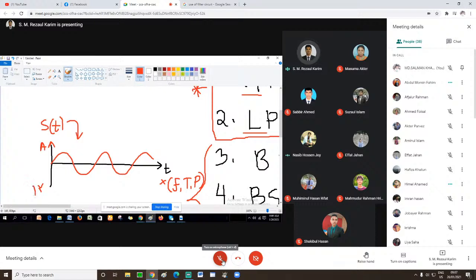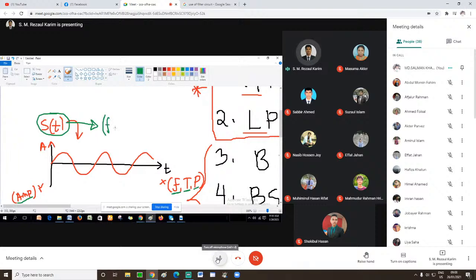And in the y-axis, we have only amplitude, right? So for the signal s of t, the parameters are frequency, time period, phase, and amplitude. These are the parameters of this signal.